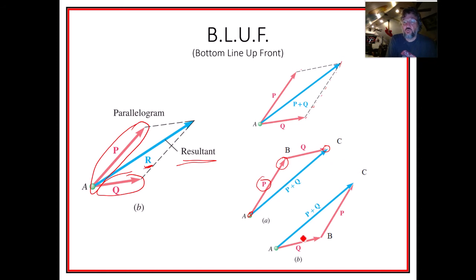And you could do it either way. You could swap them out, right? So you could go from the nose of Q to the tail of P, and then from the tail of Q to the nose of P, and you could see that the resultant ends up being the same thing. So we could do this either way, either parallelograms or using triangles.